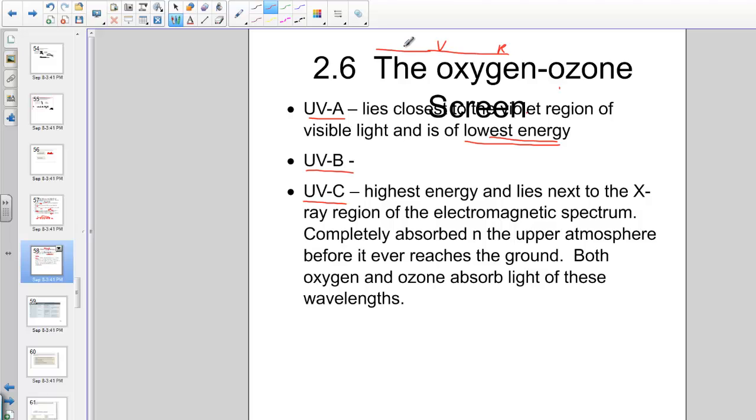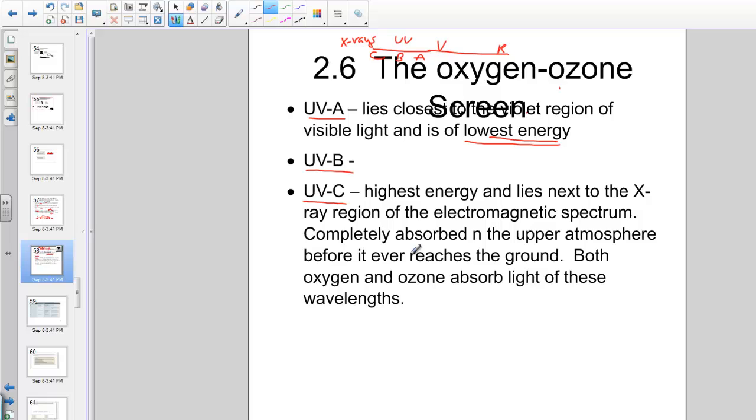Then we have here the ultraviolet spectrum. Ultraviolet will have A, closest to the violet color, B is in the middle, and C is closest to X-rays, the more penetrating radiation. So obviously UVC is a very high energy, right next to the X-ray region of the electromagnetic spectrum.